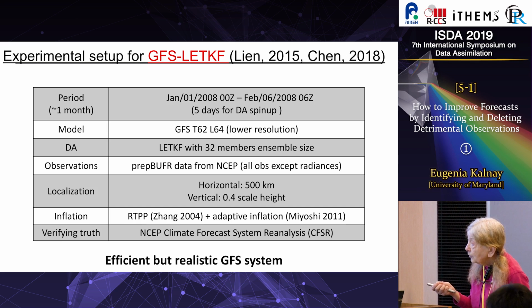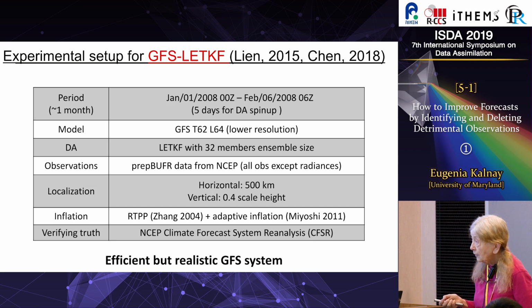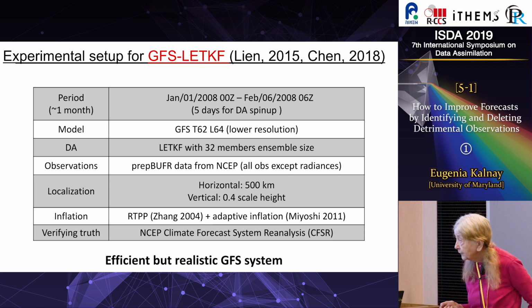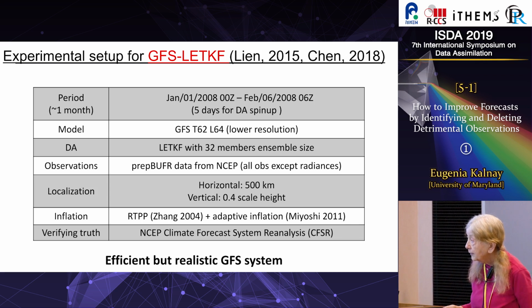So the data assimilation was the LETKF with 32 members, and the observations are the prep buffer data from NCEP, which means all observations except radiances. And the localization was 500 kilometers in the horizontal and 0.4 scale height in the vertical.